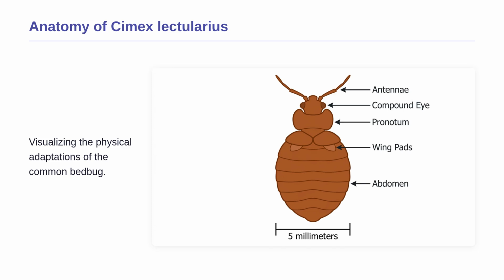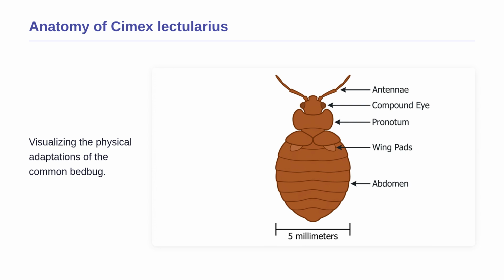To truly appreciate these adaptations, let us examine this detailed diagram of Cimex lectularius. Notice the overall oval, flattened shape of the reddish-brown body, which is key to their ability to hide. At the front, you can see the antenna and compound eyes used for sensing their environment and locating a host.